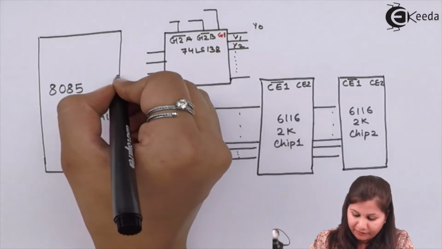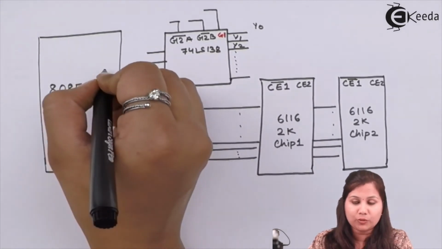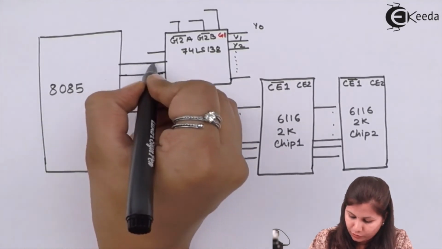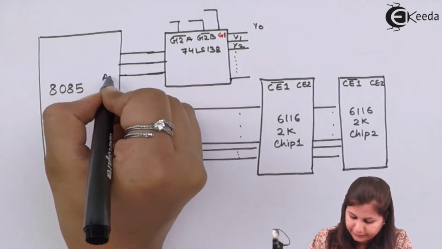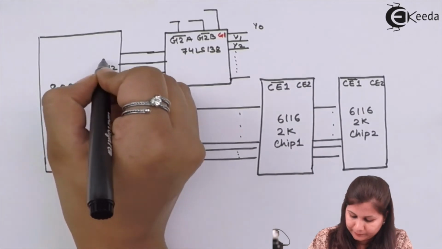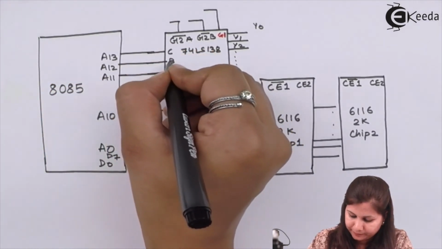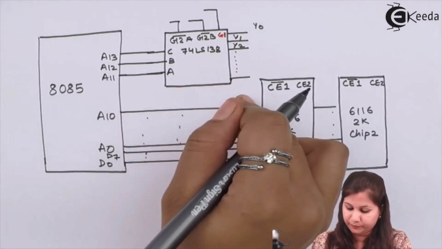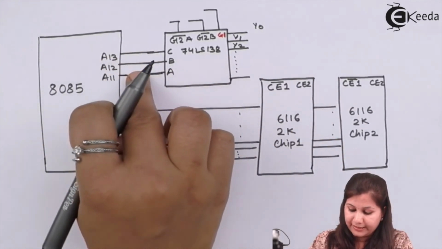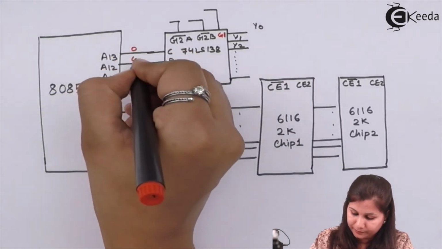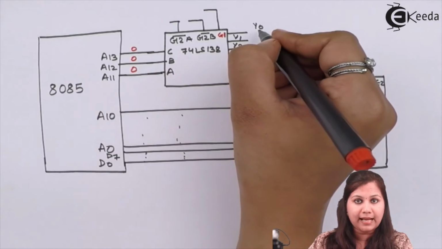After that, we have A11, A12, A13. So A11, A12, A13 will be connected as the input lines A, B, C for the decoder. Now when these lines have the input 0, 0, 0, Y0 is activated.